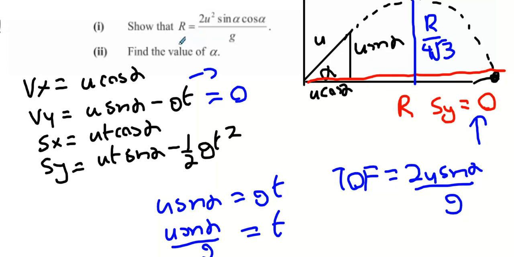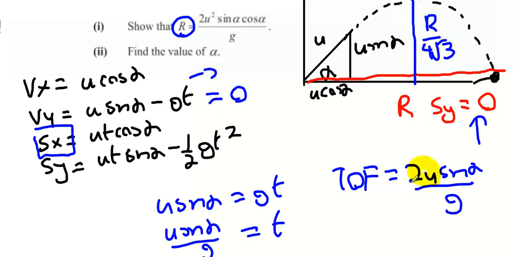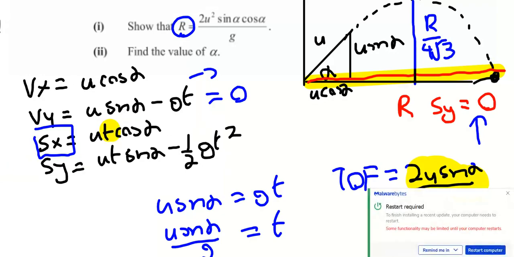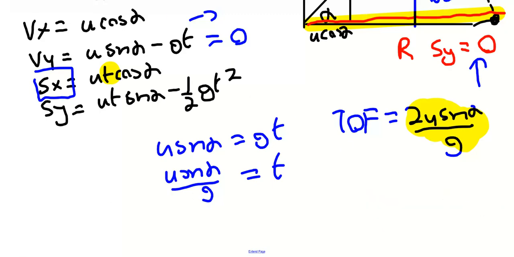We'll pause here. I'm after the range. That's what I'm after, so I'm after the sx value using the time of flight, because remember, that's the full thing. So see that t value there? I just have to replace it with the yellow part. And we're good. As I said, easy marks on board here.